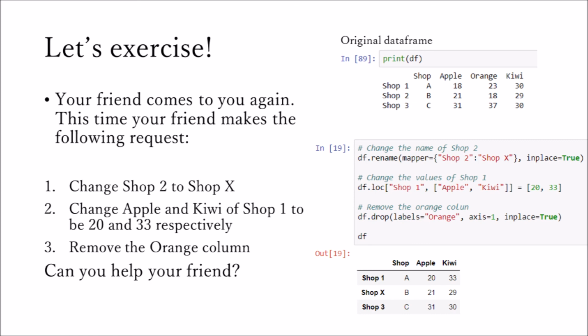Finally, we use the drop function to remove the orange column. Notice that we specify axis equals 1 so that Pandas knows that we want to remove a column, not a row. Again, inplace is used so that the data frame acts on its own instead of creating a copy.